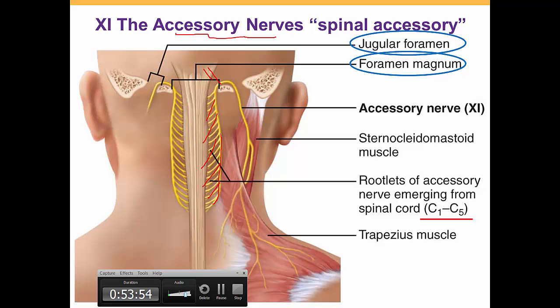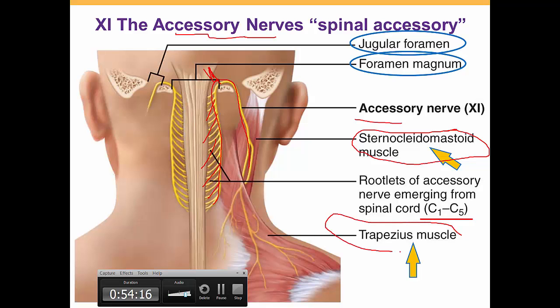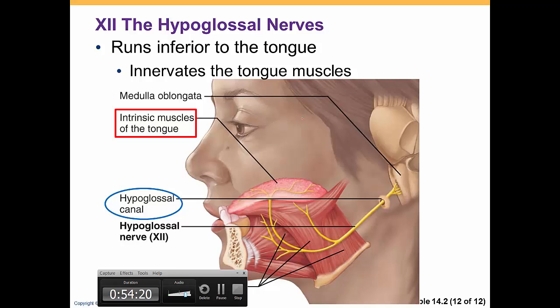The spinal part ascends through the foramen magnum, and then it joins the cranial part, and both of them exit again through the jugular foramen, and they supply two muscles. These two muscles you need to know are my sternocleidomastoid and trapezius. So only two muscles are supplied by this nerve.